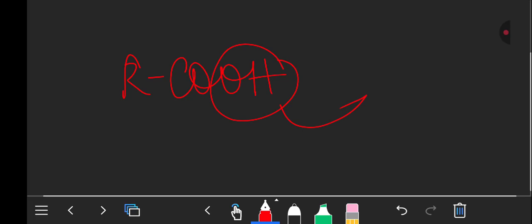So let's look at a general way you can represent this. We know that the structure of an acid is the R group bonded to this COOH, right? The carboxylic group. So what happens is actually this OH will be removed and replaced by a halogen.